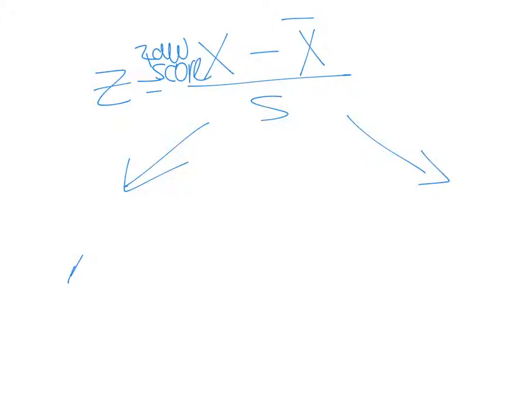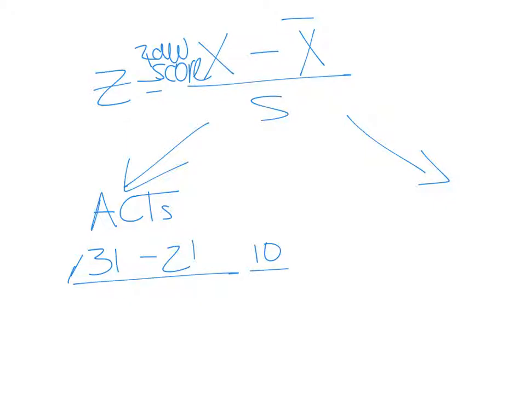So the z-score for Amy, she scored on her ACTs 31, and the mean is 21. That would be 10 divided by the standard deviation, which is 4.7. And yes, I already calculated this before preparing the screencast, and that takes us to a z-score for Amy equals something 2.1.